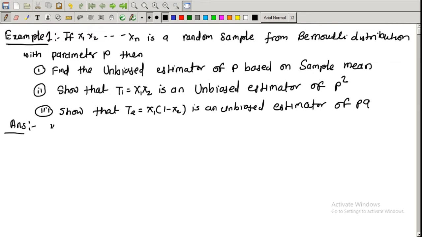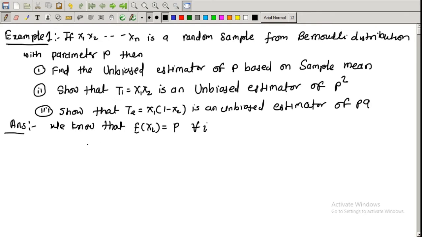We know that from the given condition, expected value of xi is equal to p for all i, because in the Bernoulli distribution with parameter p, the mean of each distribution is p.